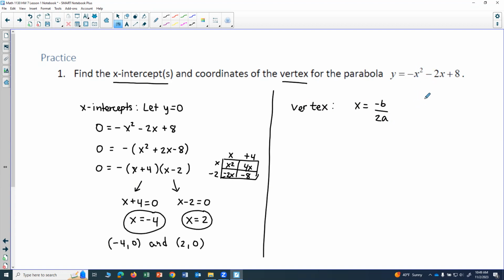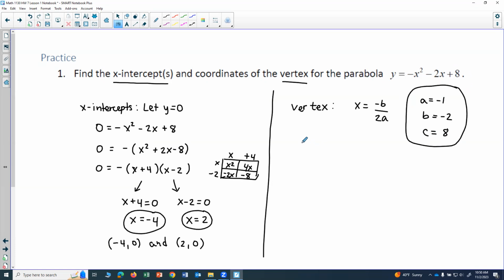A is the number in front of the squared term, so I have a is negative 1. B is the number in front of the x term, so b is going to be negative 2. And then c is the number added or subtracted on, so c equals a positive 8. So first, identify your a, b, and c.